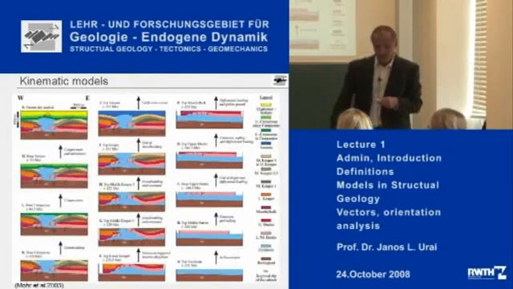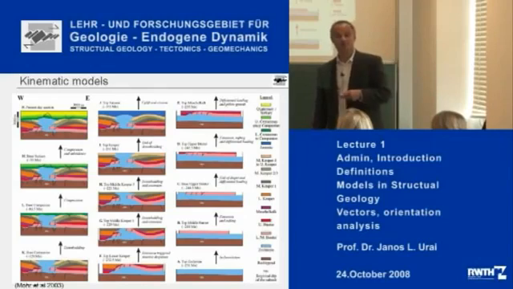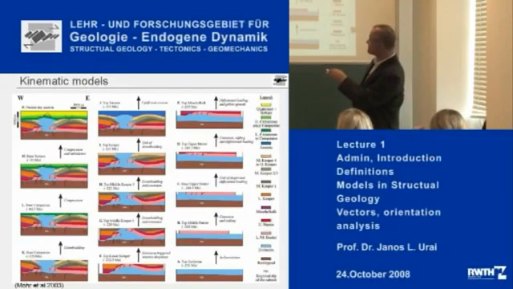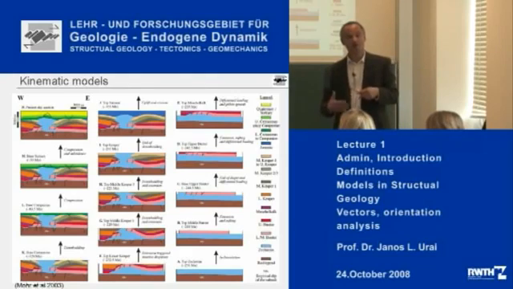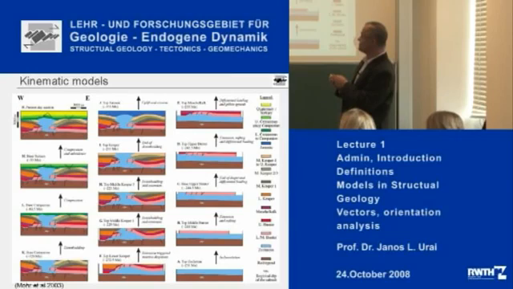Much larger and much more complicated models are based on an interpretation of a structure in the subsurface. This is, for example, a geometric model of the subsurface of Germany. All the different colors show you different layers. So this is the Tertiary, this is the Cretaceous, this is the Permian, and blue is salt.